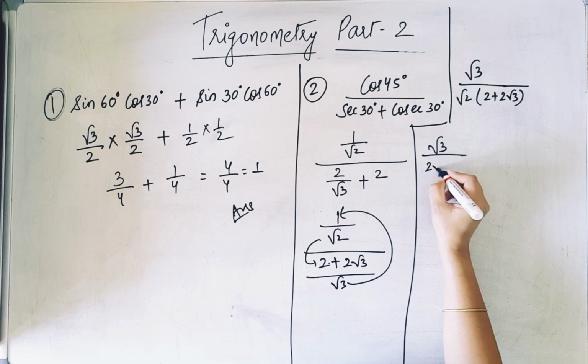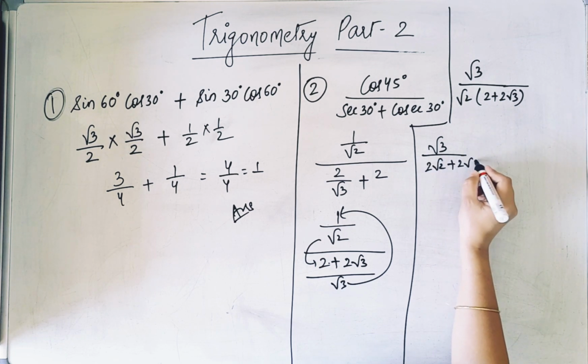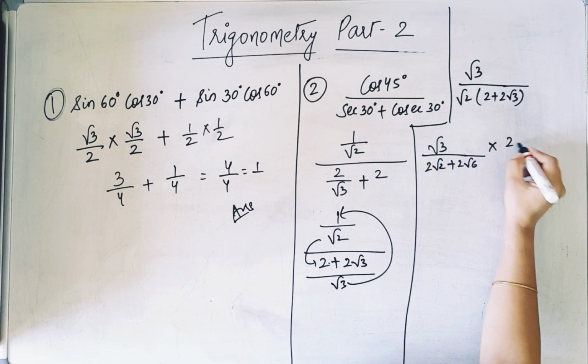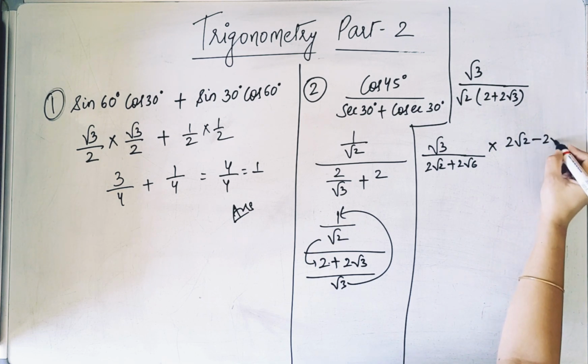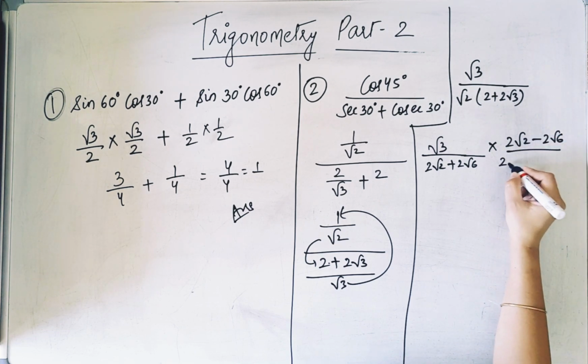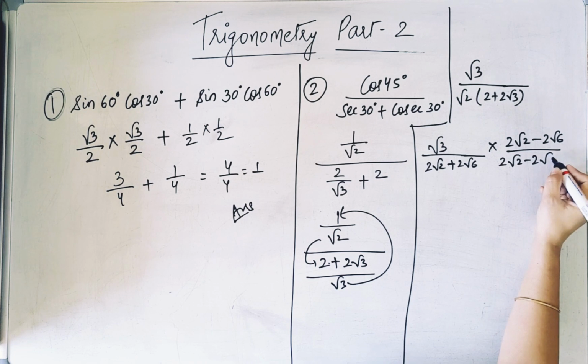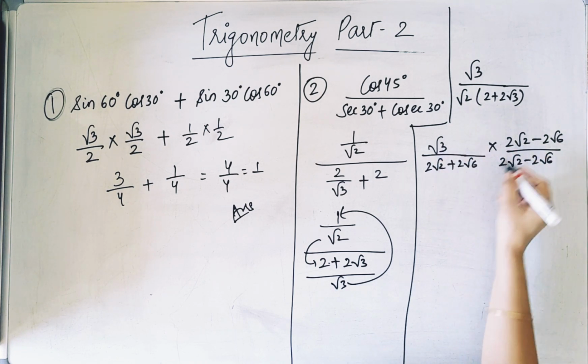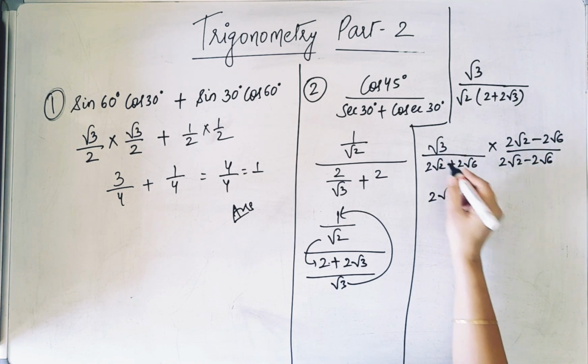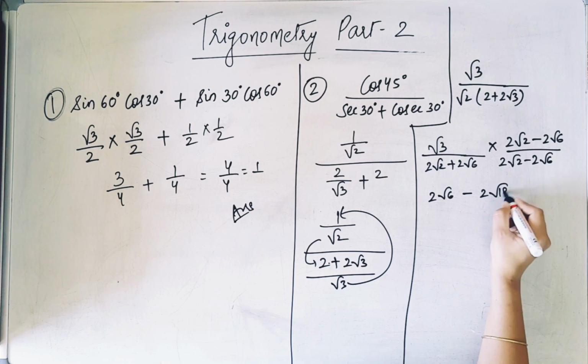So √3 by 2√2 plus 2√6. We will rationalize it, so we'll get the opposite sign. With the opposite sign, what will we do to the numerator and denominator? Multiply. So √3 into this gives 2√6 minus 2√18.